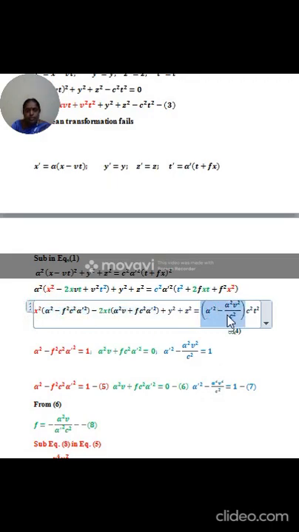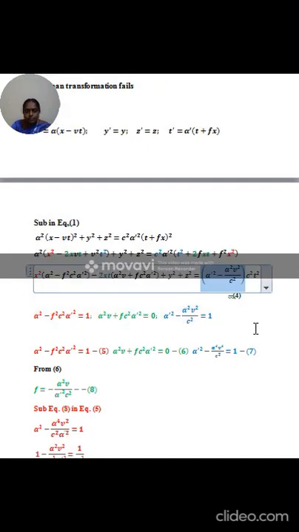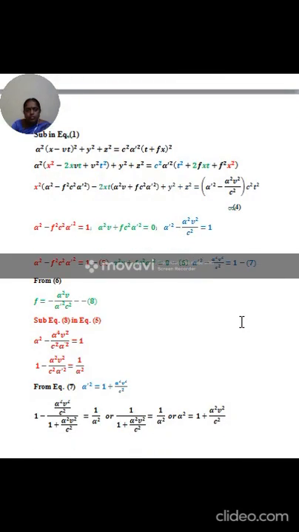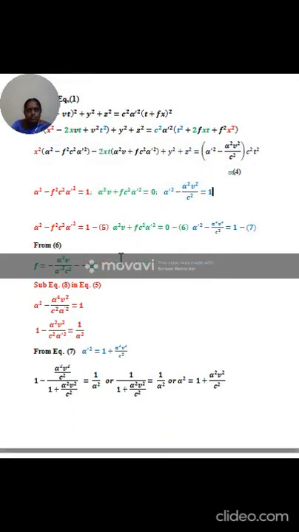Obviously, this term can be equated to 1. So let us name this term as equation 5, this mid one as equation 6, the last can be called as equation 7.